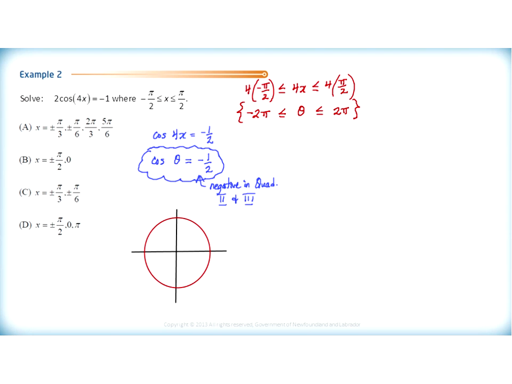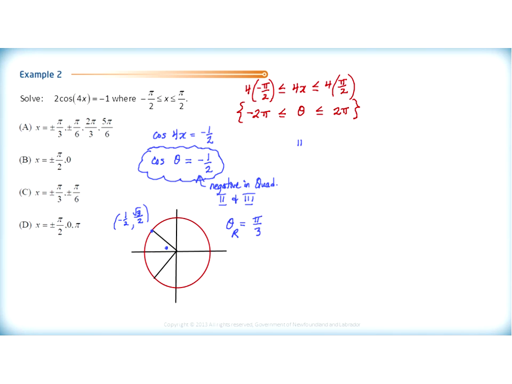and we can put the terminal arm in quadrant 2 and in quadrant 3. The cosine of the angle is a -1/2, so the sine of this angle in quadrant 2 must be a +√3/2. And the related reference angle here this time is equal to 60 degrees, which is pi/3 radians.